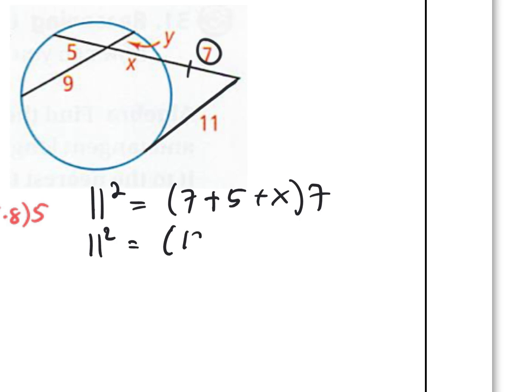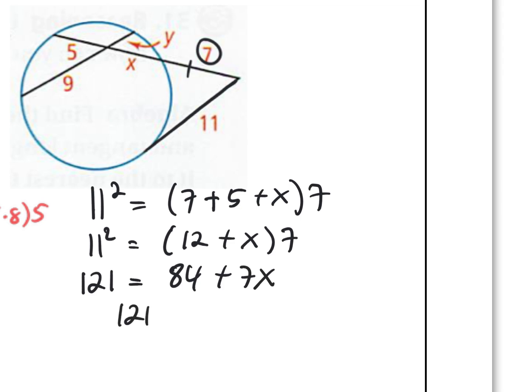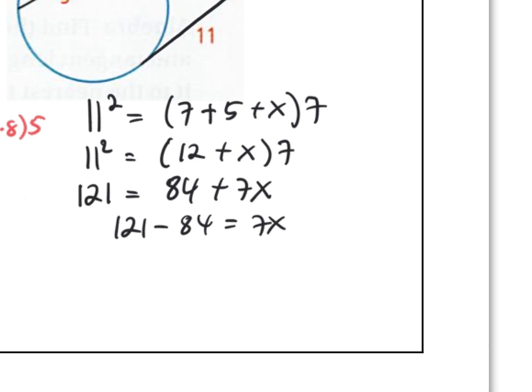This is going to be 12 plus x multiplied by 7. Now let's simplify. 121 is equal to 12 times 7, which is gonna give you 84, plus 7x. Therefore, 121 minus 84 is equal to 7x.